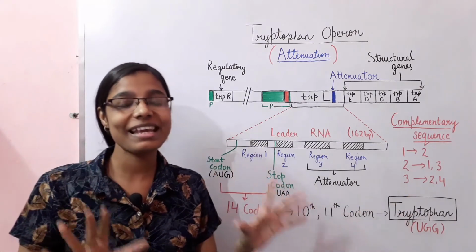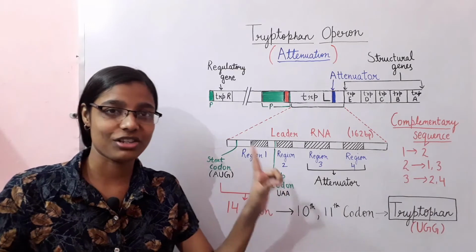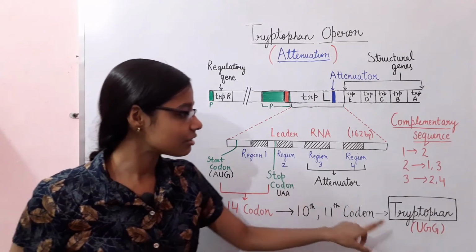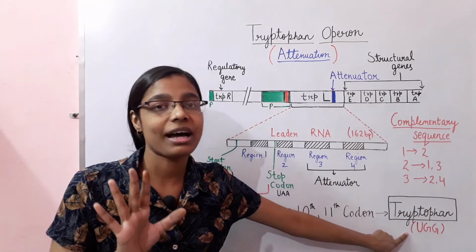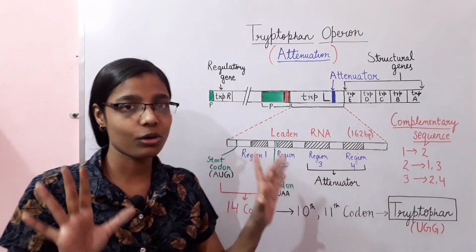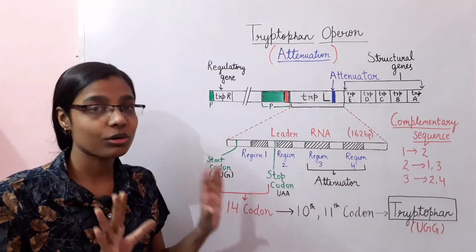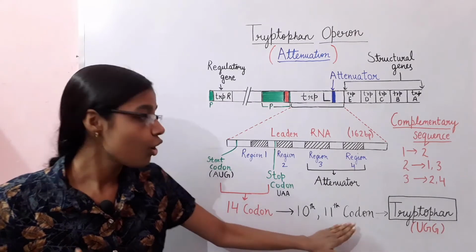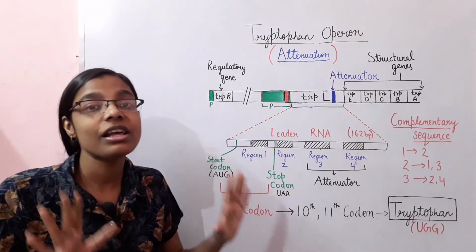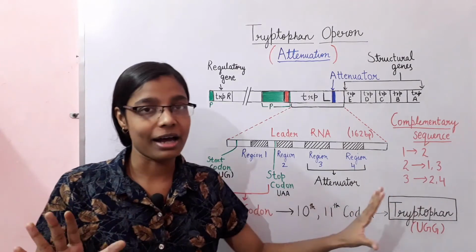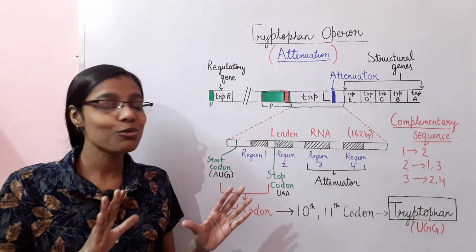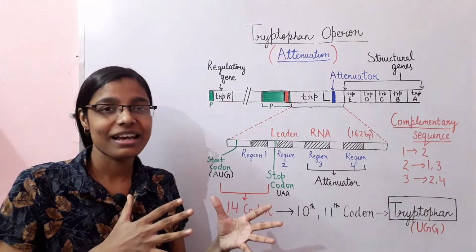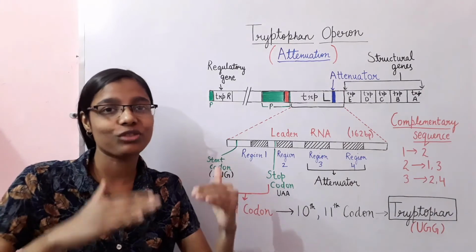That is very important for this attenuation process, and the codon for tryptophan is UGG. So you have to clearly note down that codon number 10 and codon number 11 of region 1 will encode tryptophan, and that is how the changes are taking place here in response to the levels of tryptophan.